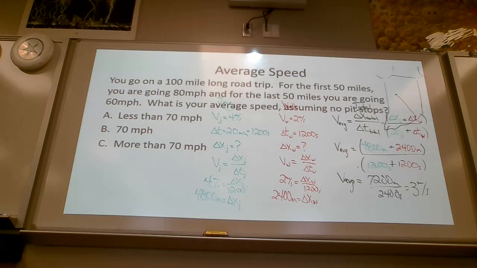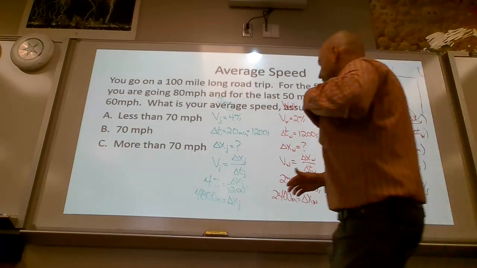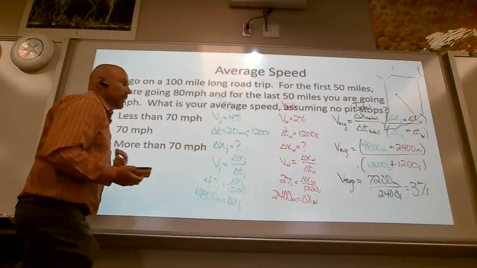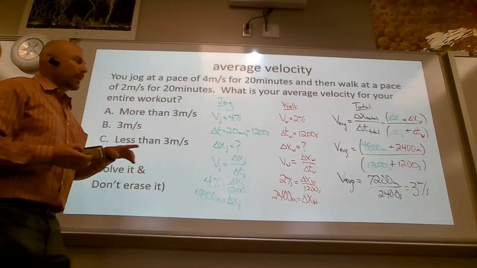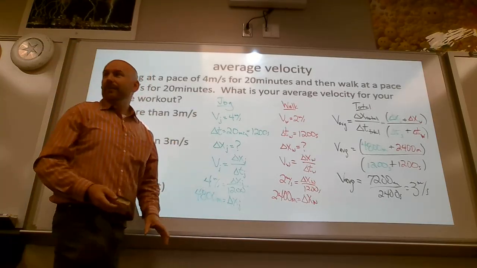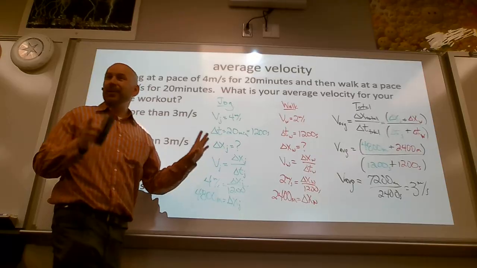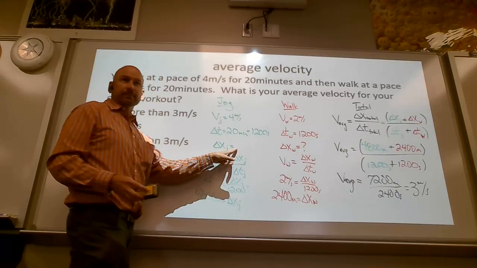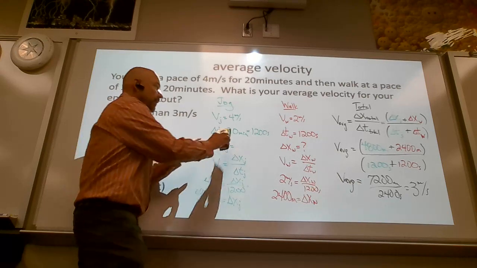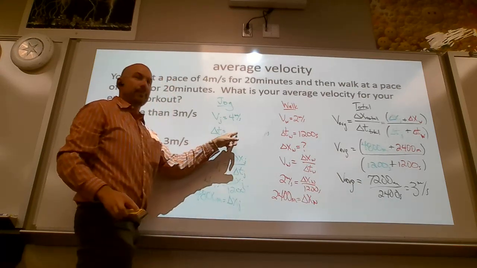You okay with that? If I were to ask you to solve for the average speed, we would do it the exact same way. Set it up exactly the same way. The only difference is we would know the distance, 50 miles. We wouldn't know the time.